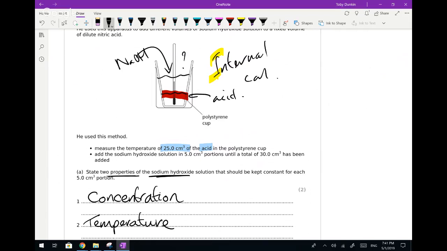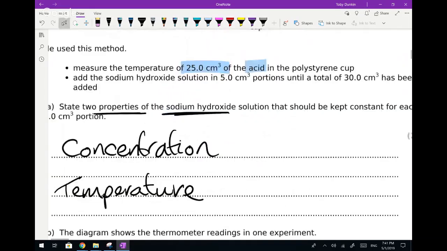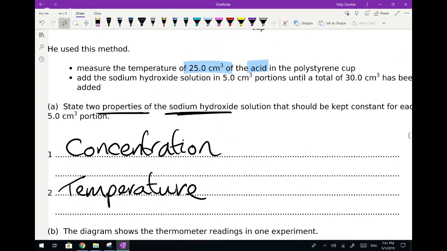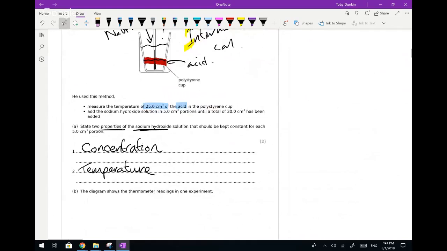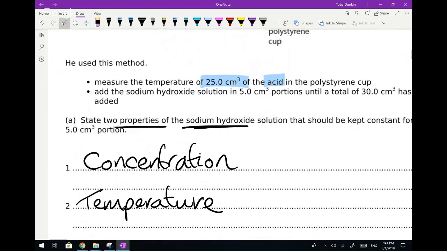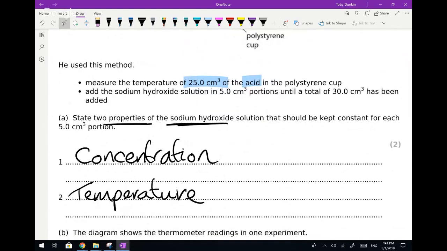This is a neutralization. Neutralizations can be exo or endo. Most of them are exothermic, but any that produce gas will probably be endothermic. So it's nice to recall. They add sodium hydroxide solution in 5 centimeter portions until a total of 30 has been added. State 2 properties of the sodium hydroxide solution that should be kept constant for each 5 centimeter portion.